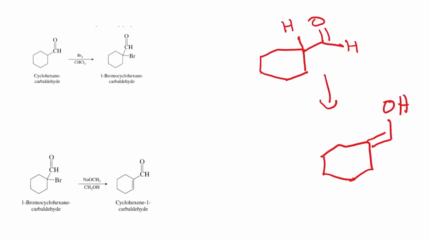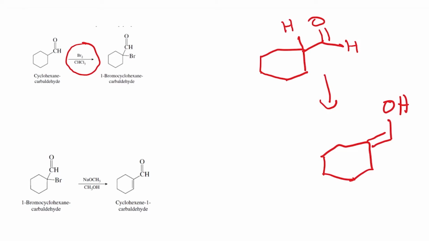So that is pretty straightforward. So the reagents here are Br2 and chloroform. Now coming to the next step, what we need to do here is an elimination reaction, and we could propose the standard elimination reaction conditions, which is sodium methoxide and methanol, or potassium tertiary butoxide and tertiary butanol, and so on.